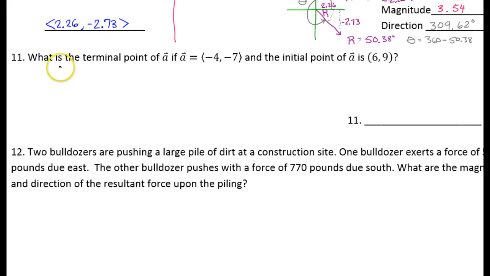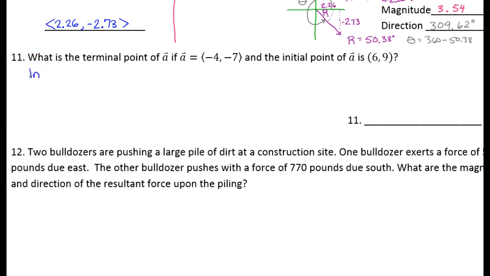For number 11, we are being asked what is the terminal point of vector A, and here's vector A, if the initial point is 6, 9. So remember this.